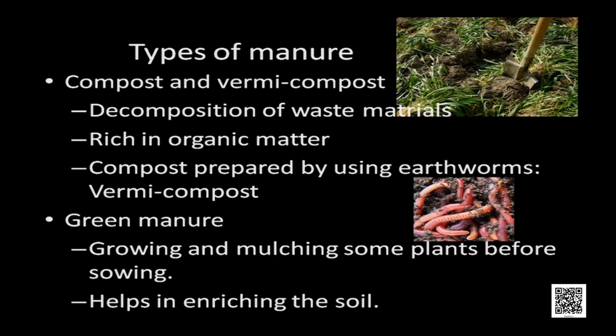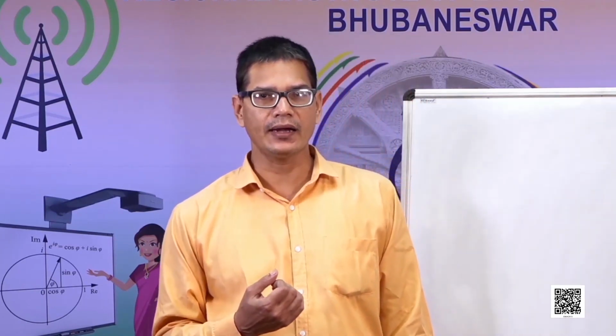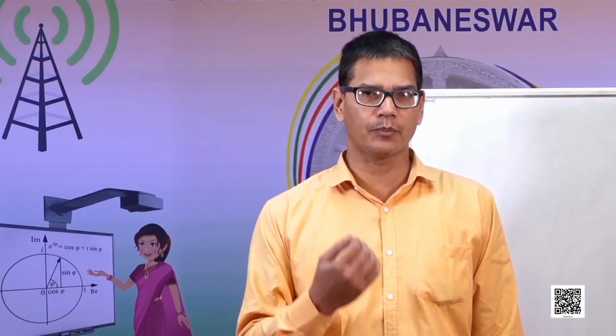There are different types of manure. The main ones are two types. First one is compost and vermicompost, and second one is green manure. What is compost? Compost is obtained from the decomposition of waste materials, and as I said earlier, it is rich in organic matter. Compost prepared by using earthworms is called vermicompost.